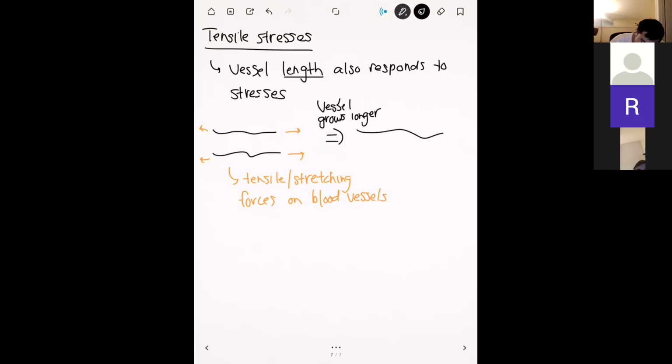And so if you get a longer blood vessel, then you're just not going to experience as much stress. And so this is another way that your blood vessel can adapt its geometry according to its mechanical environment. Okay. And so tensile stress is another mechanism for mechanotransduction.